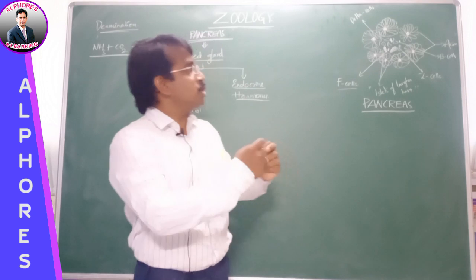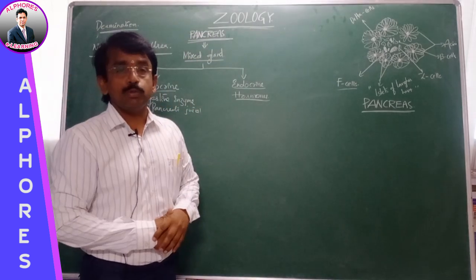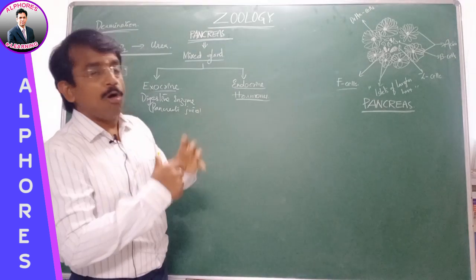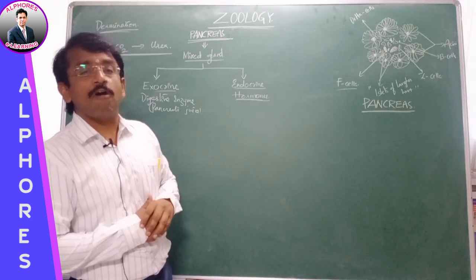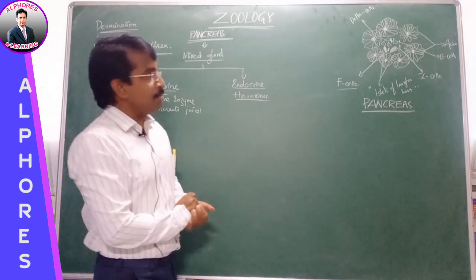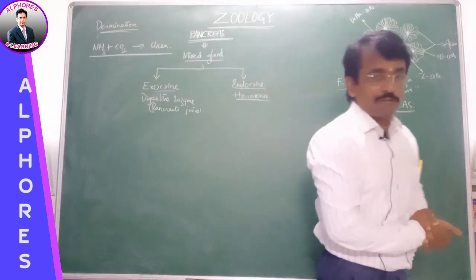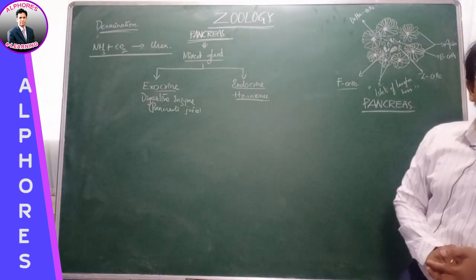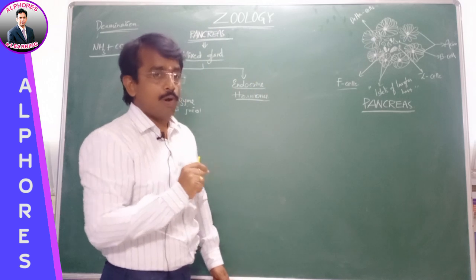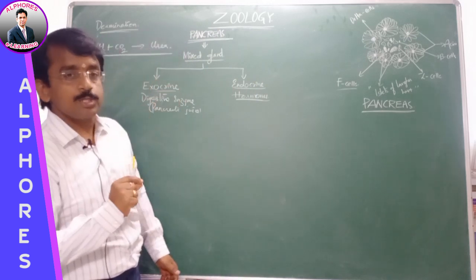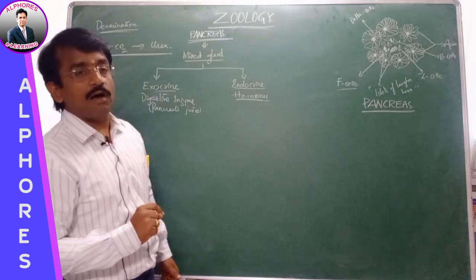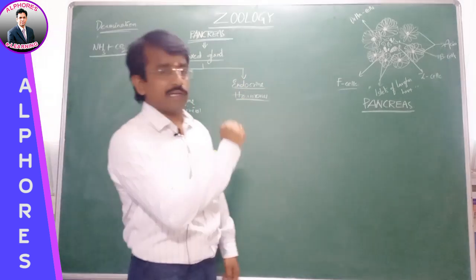The acini contain lobules from which the ductules originate, which all join together forming the main pancreatic duct. From the exocrine part where the acini are present, the main pancreatic duct arises, and this combines with the common bile duct.